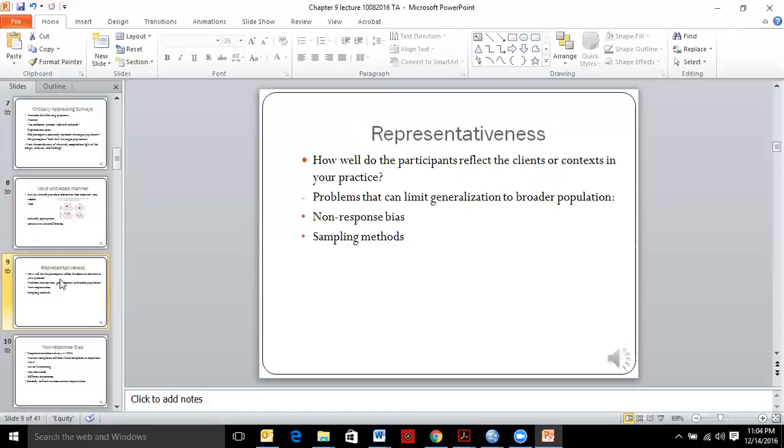That is, how well do the participants reflect the clients or context of our practice. And there are some problems that can limit generalization to broader population, and some of them are non-response bias and sampling method. We will talk about these problems in detail.